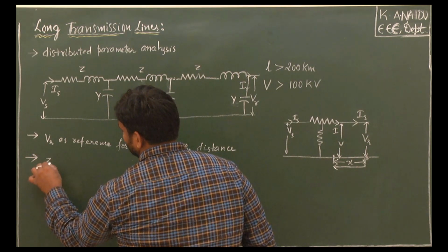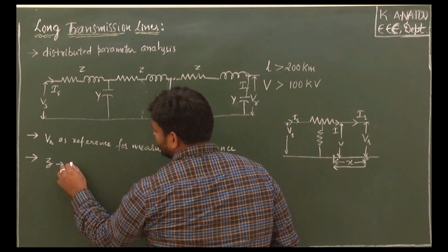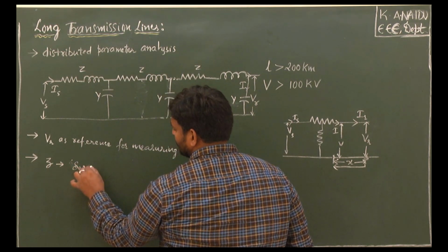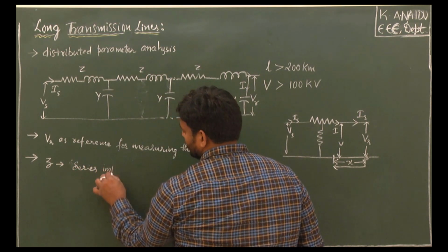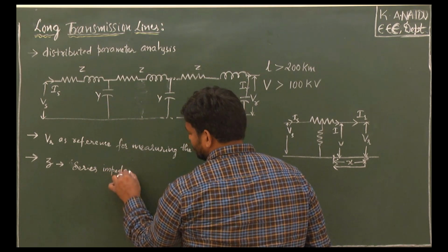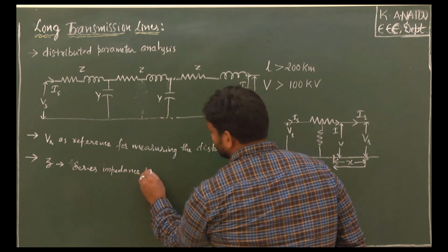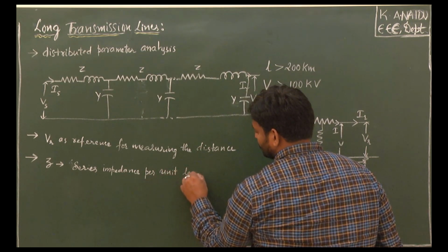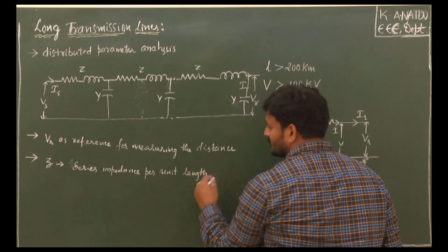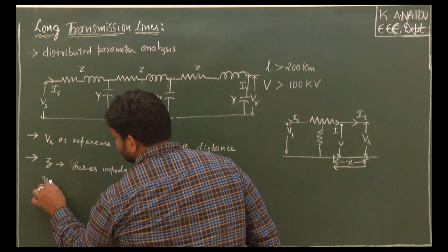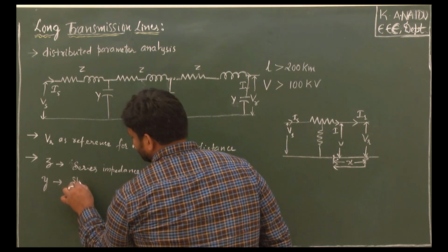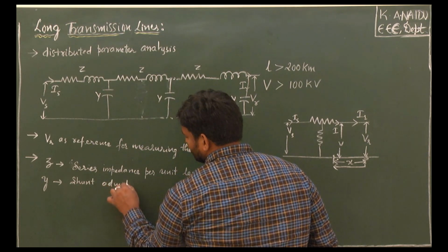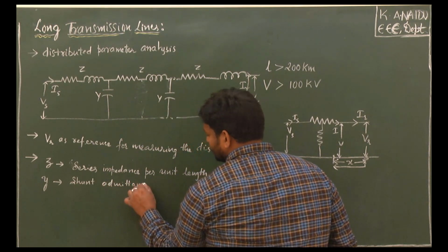Let small z denote series impedance per unit length, and small y denotes shunt admittance per unit length.